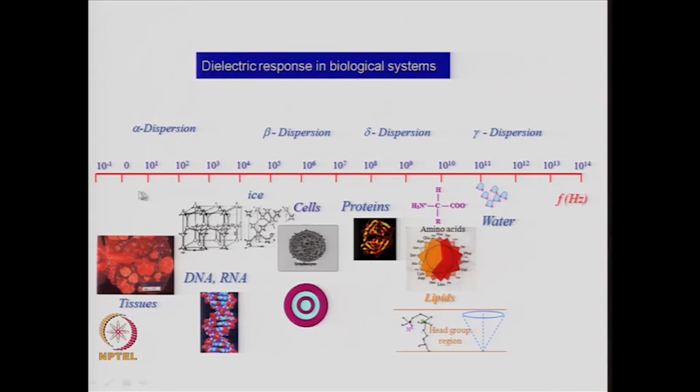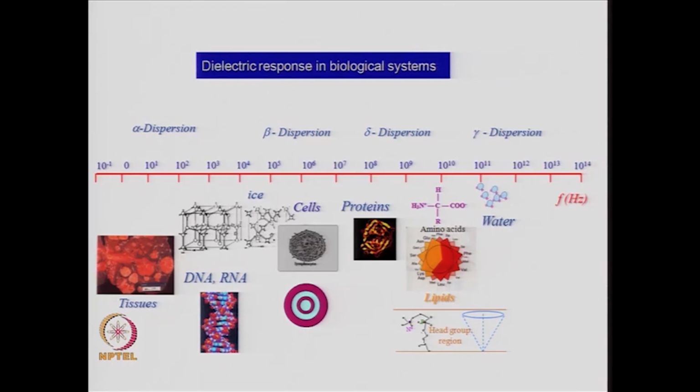So, you have say around 10 hertz, 1000 hertz, and so on up till around 10 to the power 11, 12 hertz. In all these ranges you can see the dielectric properties varying as a function of frequency.